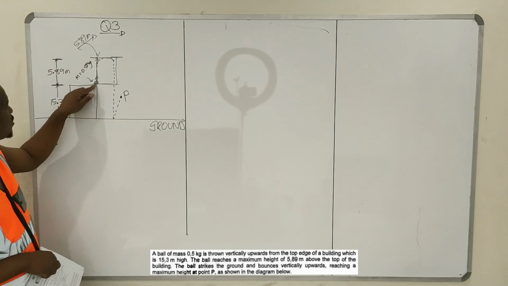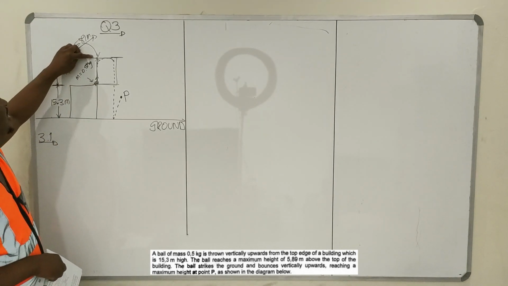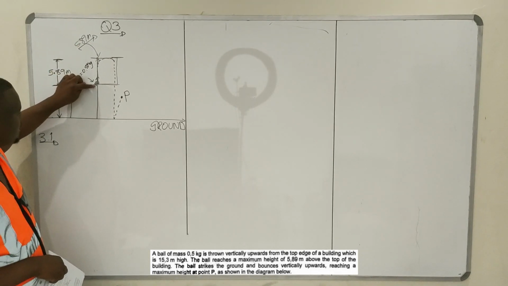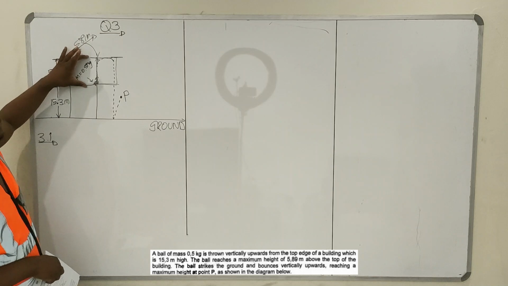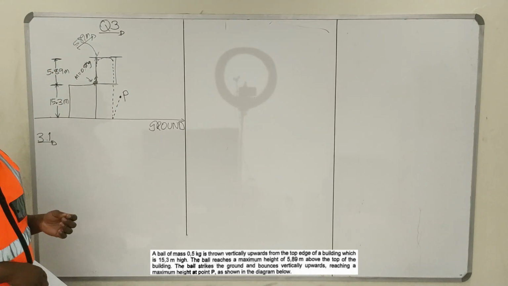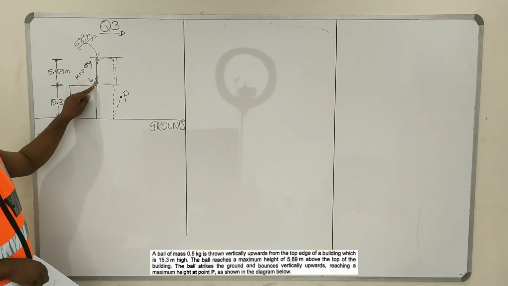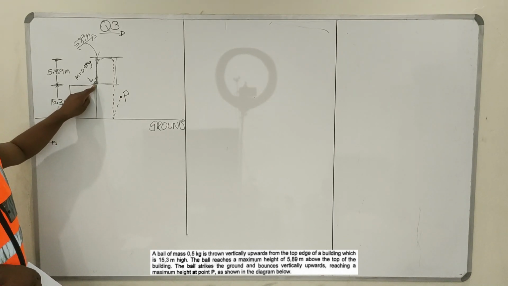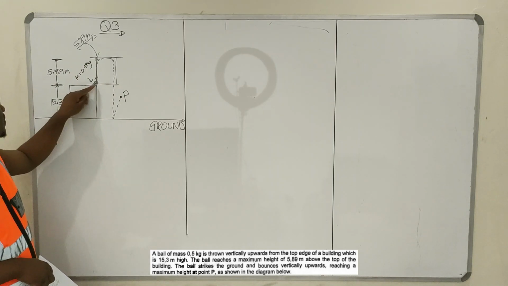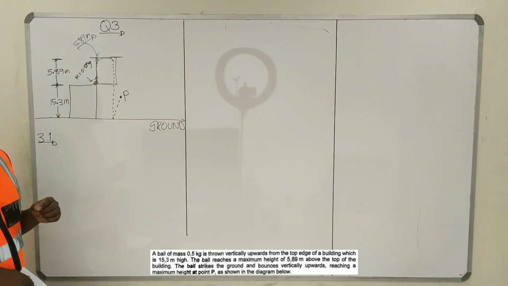This is the initial position of the ball, and that is the final position of the ball. So our ball has changed position from this point to that point over there.